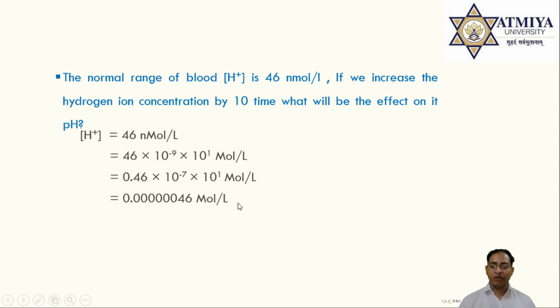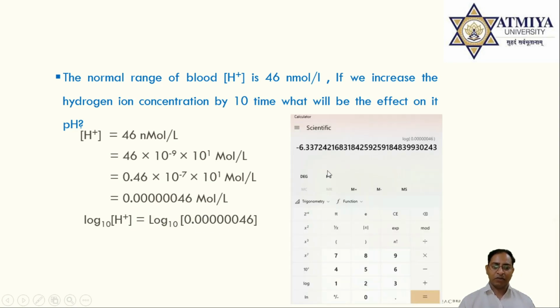Now to simplify, I take the log from the scientific calculator, and the value I get is around minus 6.34. Again, just like previously, to get rid of the negative sign, I multiply with the negative sign on both sides. So I get the pH value of 6.34. Now I can conclude that if we increase the hydrogen ion concentration 10 times, then the pH value is reduced by 1 unit.